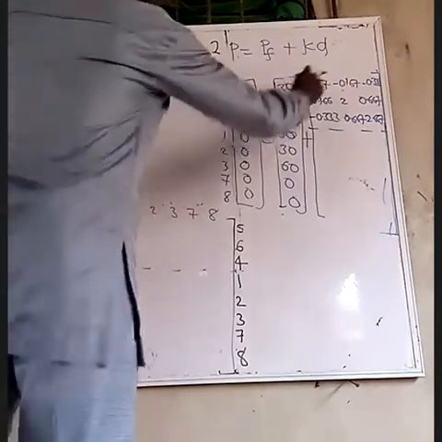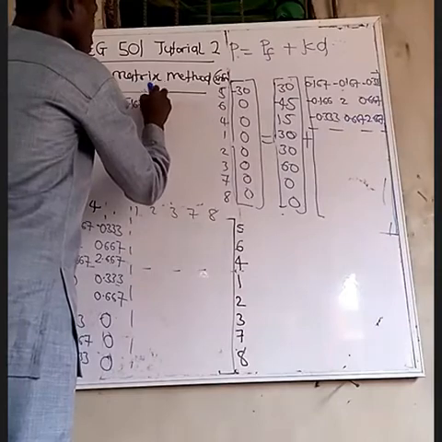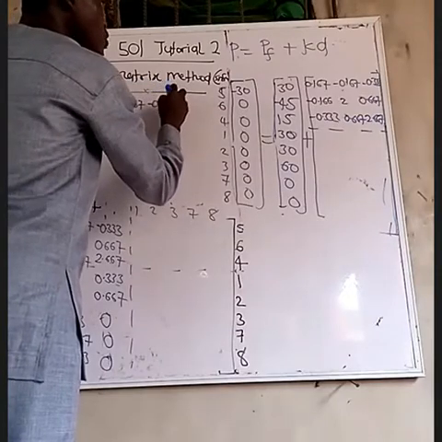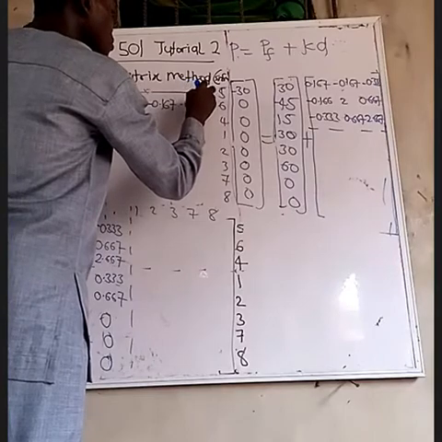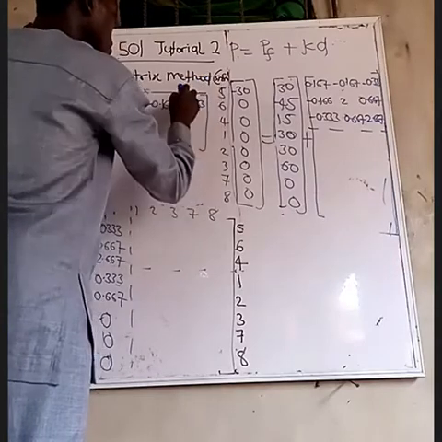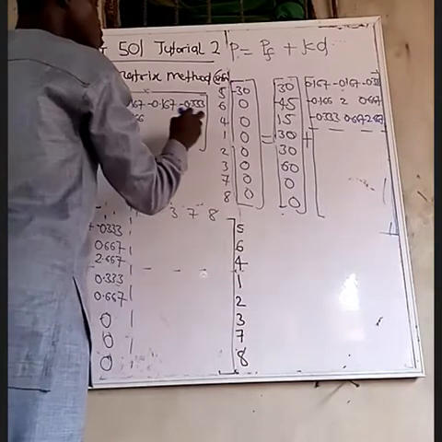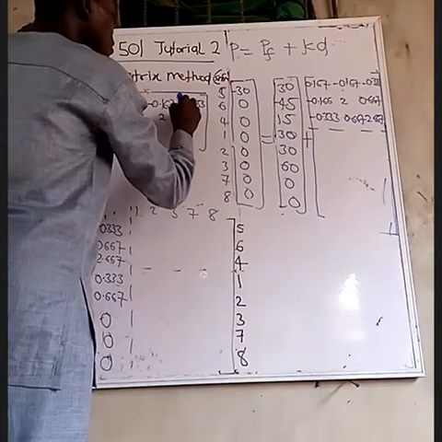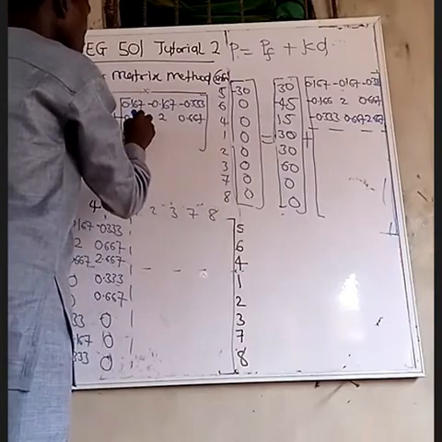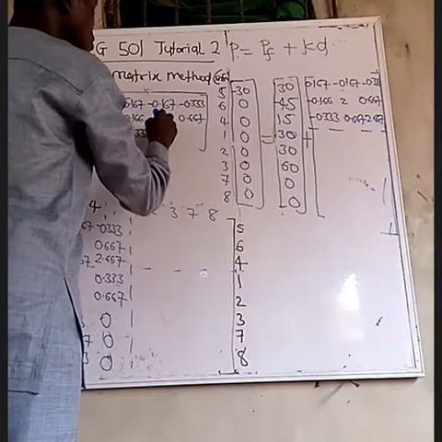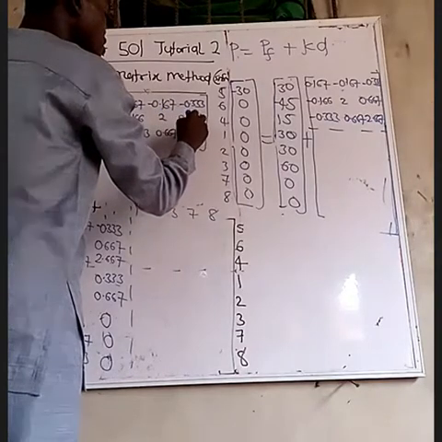K: 0.167, minus 0.167, minus 0.333, minus 0.166, 2, 0.667, minus 0.333, 0.667, 2.667.